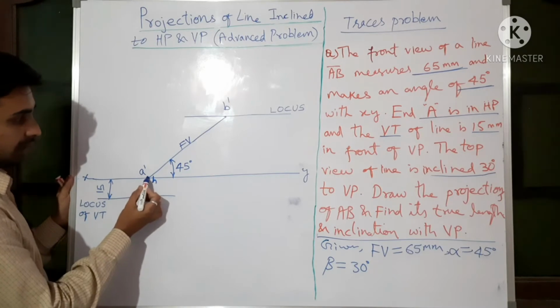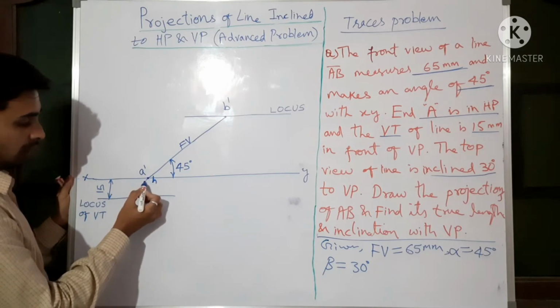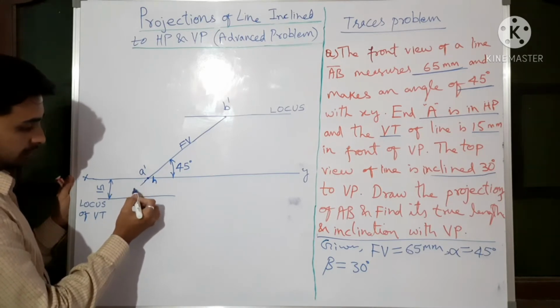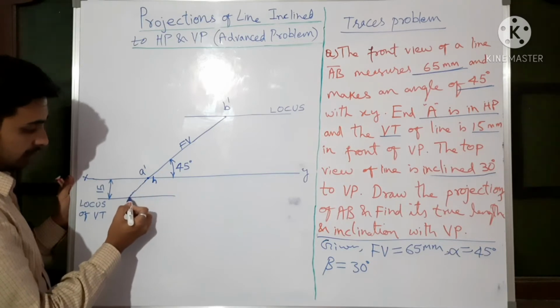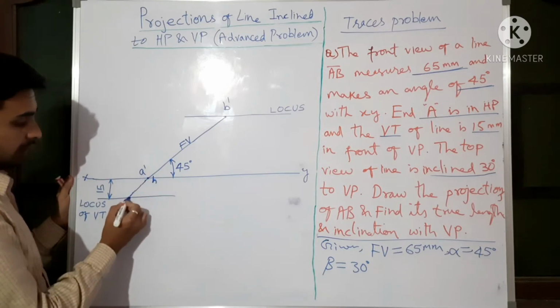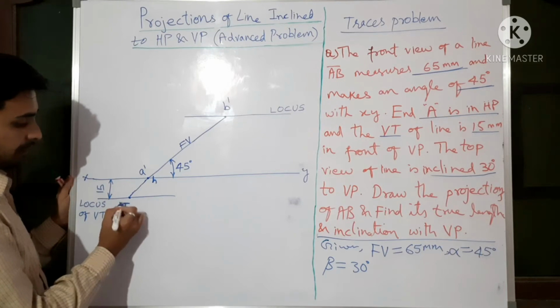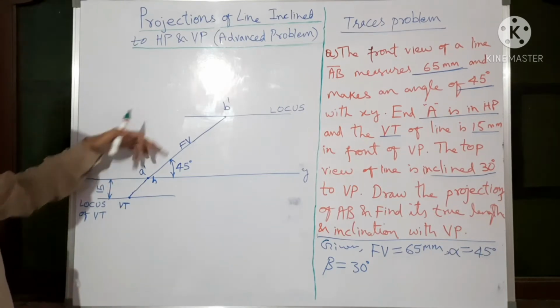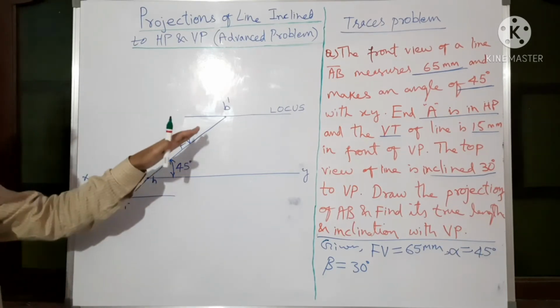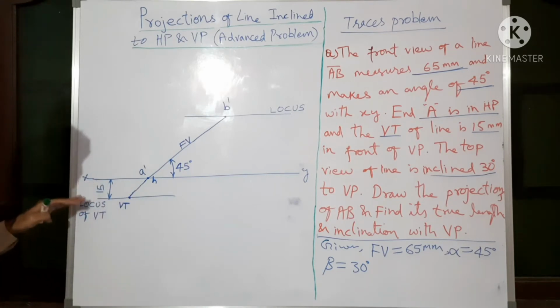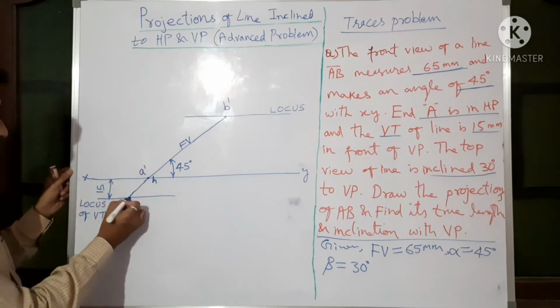If you extend the front view further in this direction, here we will get VT. Why? Because the front view, small h and VT will be in one line, and VT is 15 mm in front. So like this we have got VT.